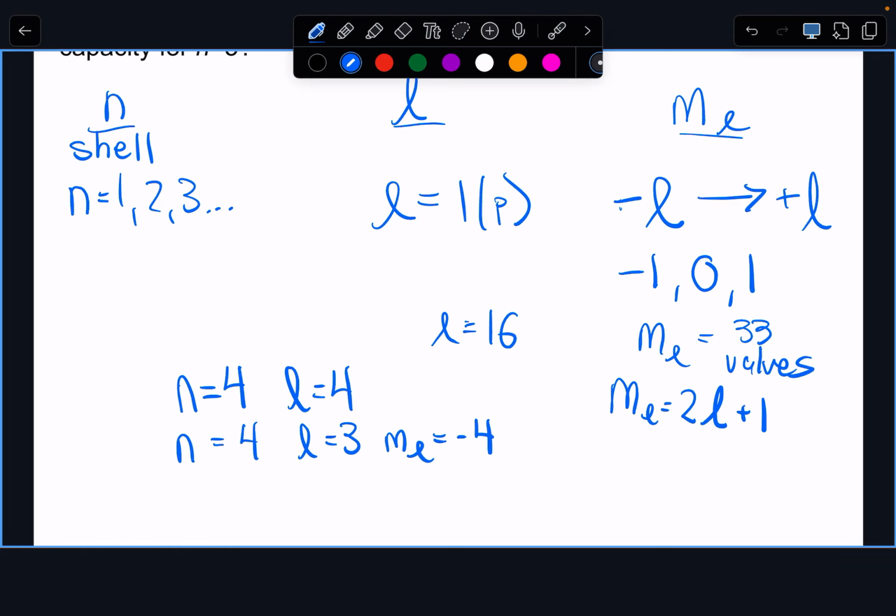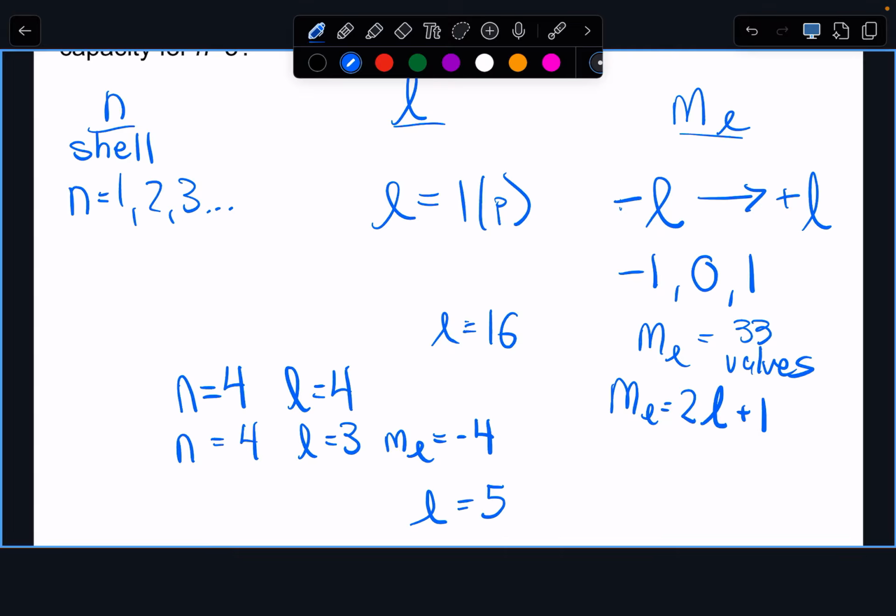All right, last theoretical type question, something more complicated, like maybe it would say how many electrons can be held in a set of orbitals where l equals 5.